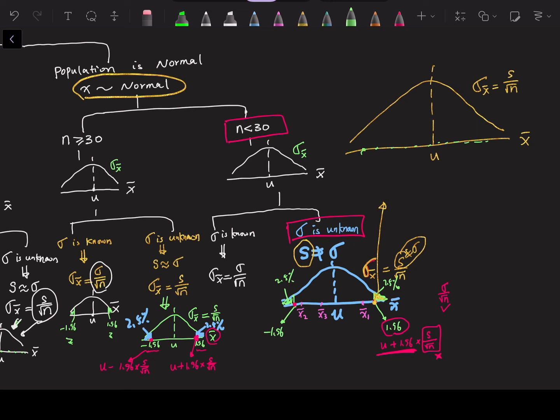You should convert that into a t-score. For example, if this is 2.5%, you should get a value here, how many standard deviations above the mean, but interpreted as a t-value.